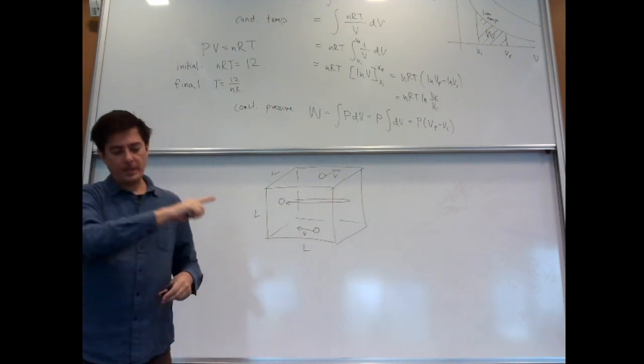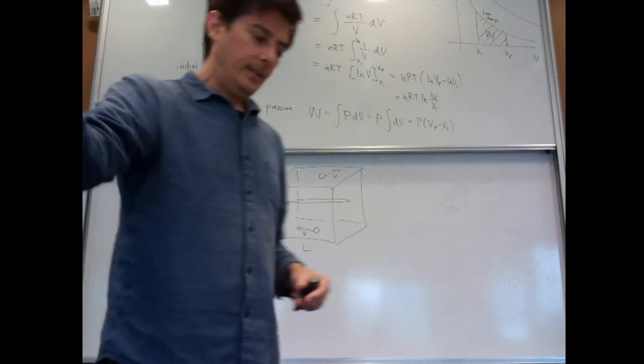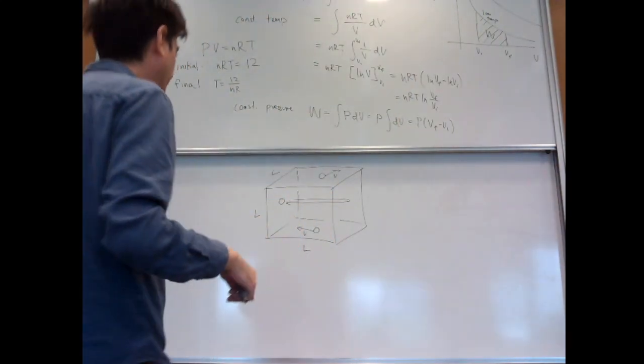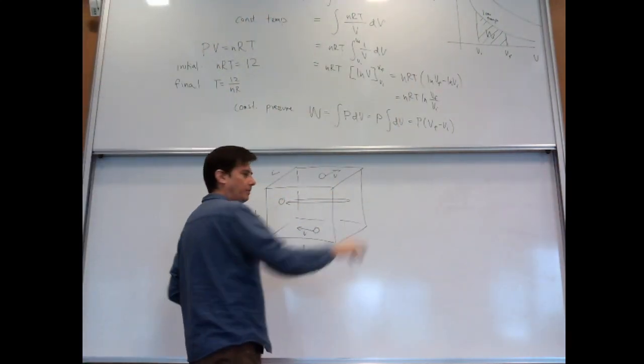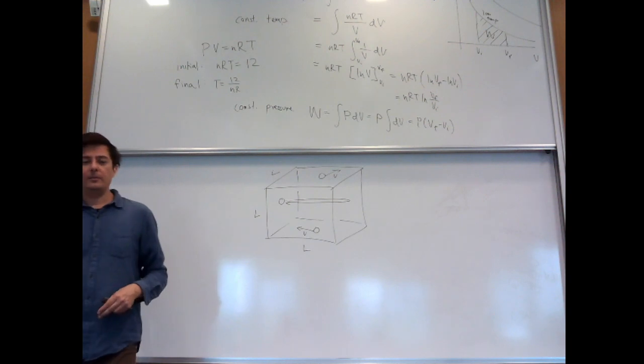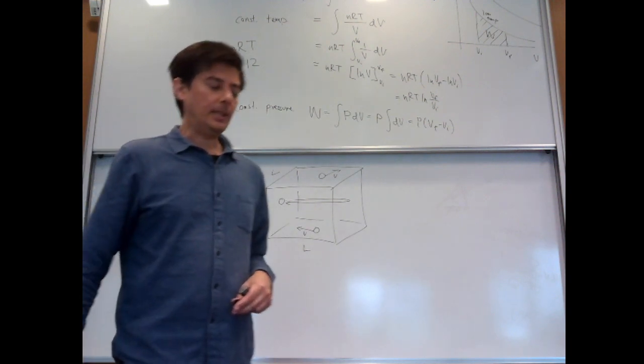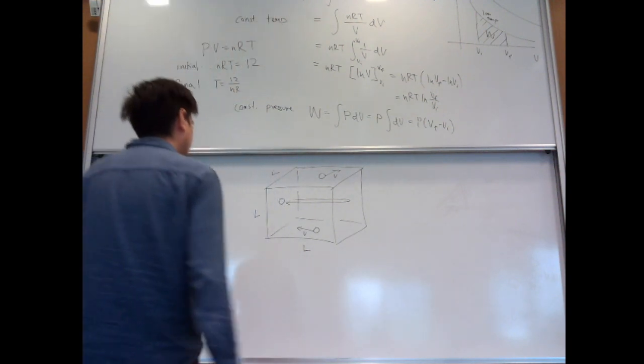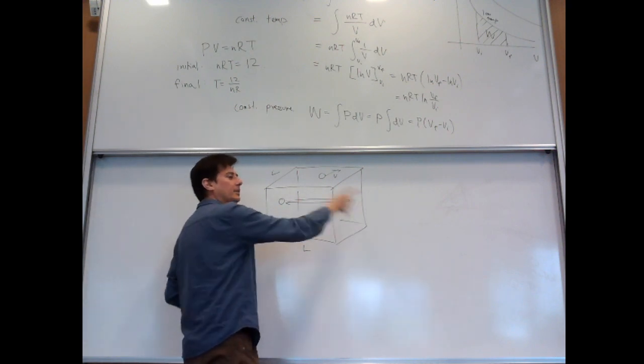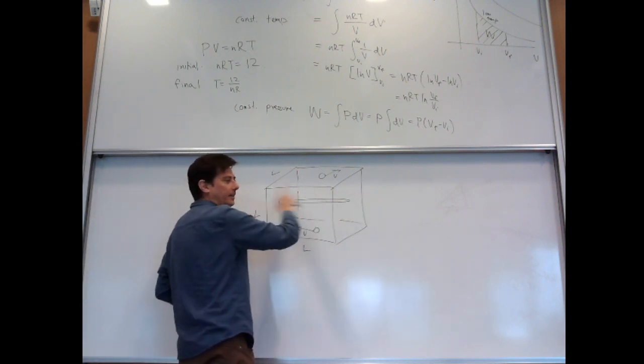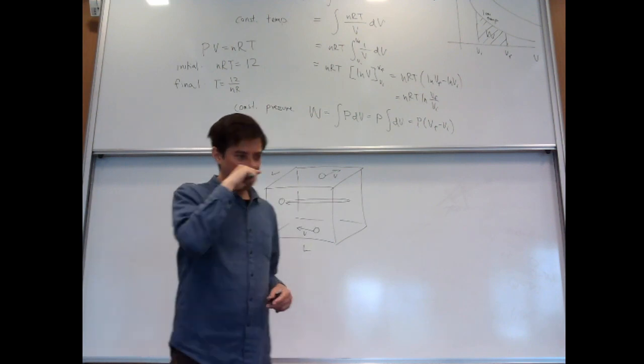It bounces back and forth in a straight line, and we're not going to think about the atoms colliding with each other. This particular atom just bounces left and right forever.